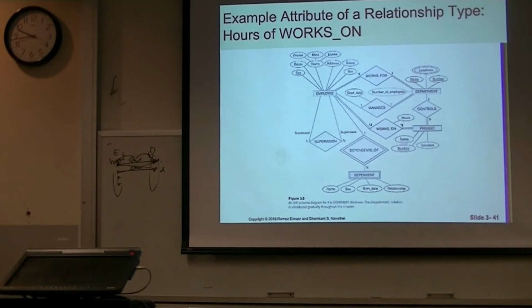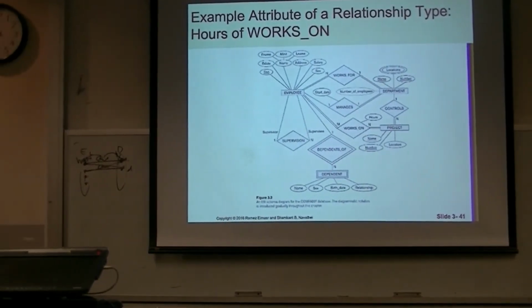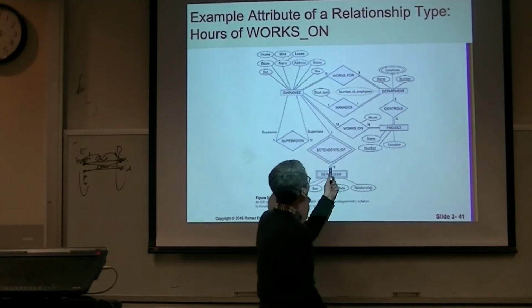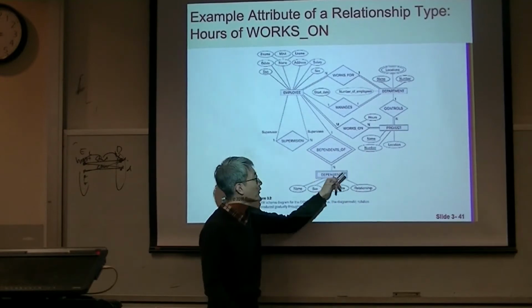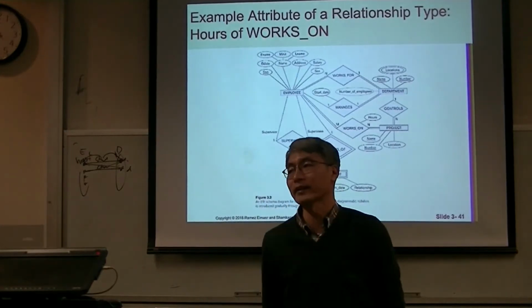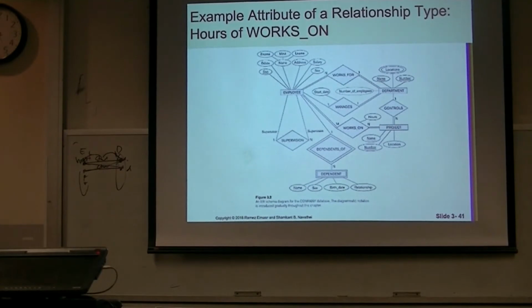Vice versa, when we create a new department, it should have at least one employee, maybe the manager. That's mandatory. This one is optional, which means an employee may not have any dependent, right? However, be careful: this one definitely should be a double line. I'm not sure whether you can say this is a double line. Why? If we have a dependent, there must be an employee they depend on, right? So it's a double line. So double line and single line indicate whether participation is optional or mandatory.